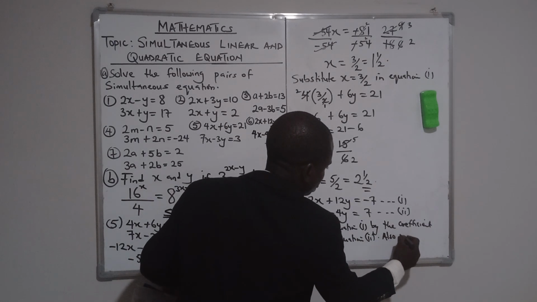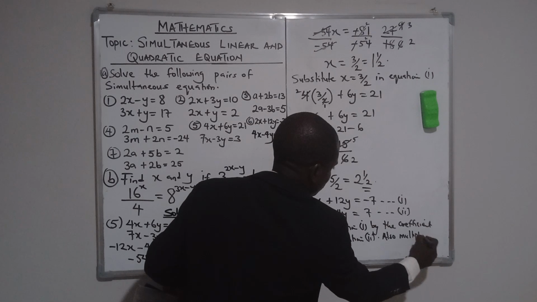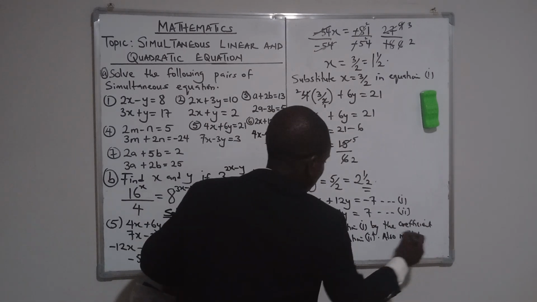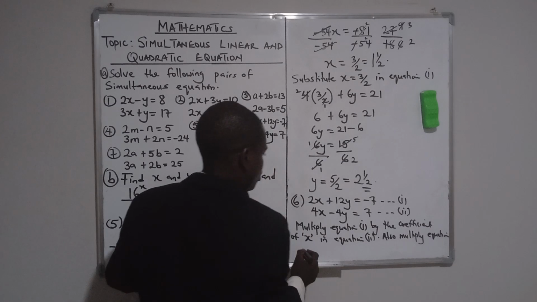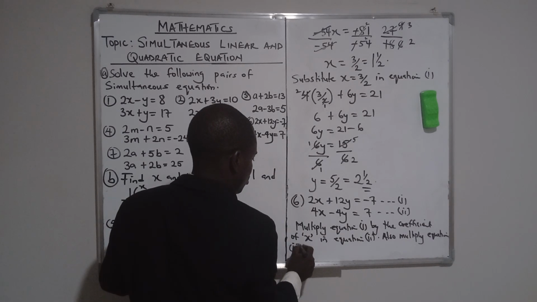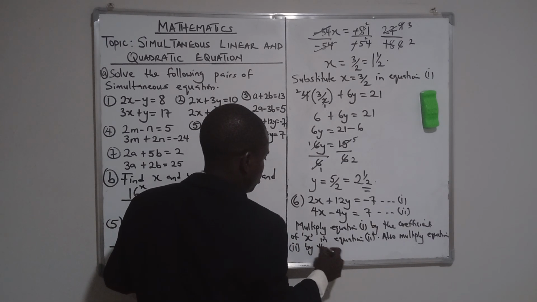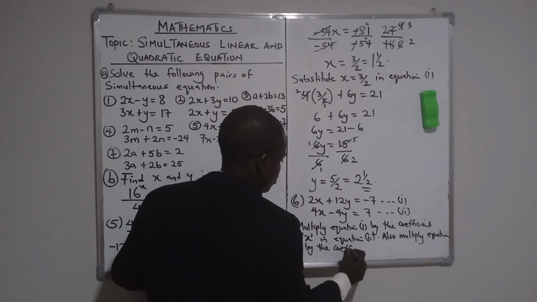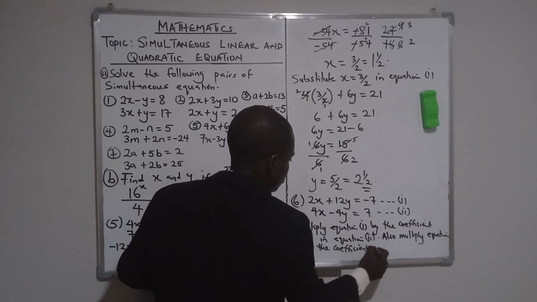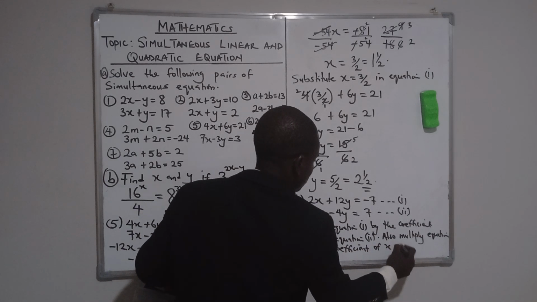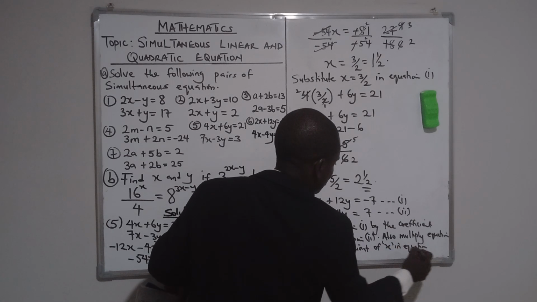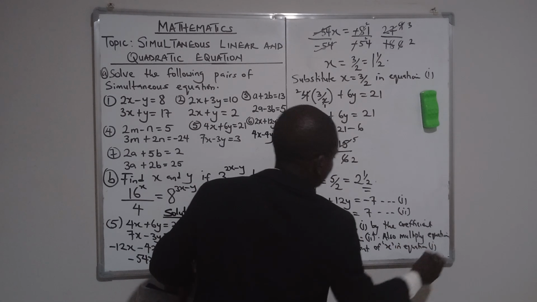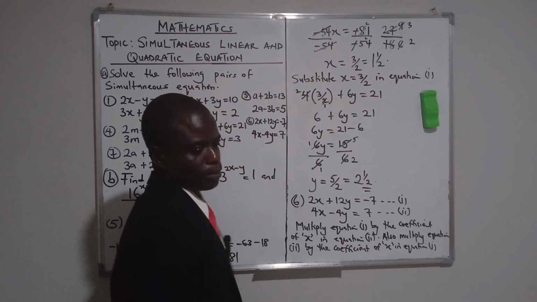Also multiply equation 2 by the coefficient of x in equation 1.